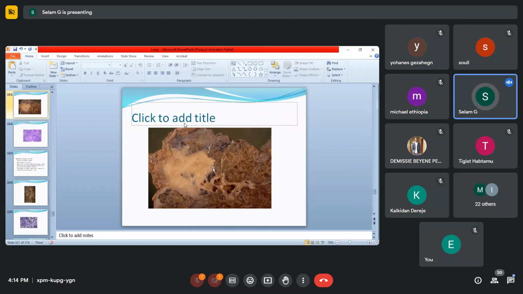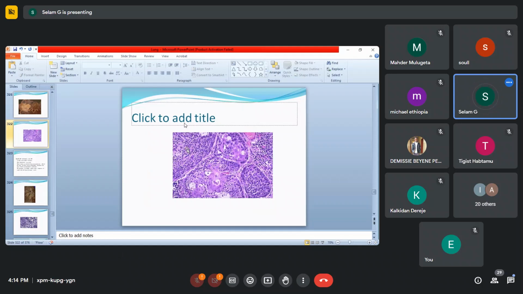You see this irregular, infiltrative, solid mass. So grossly, you can characterize that it is malignant because it has infiltrative borders. It's not well circumscribed.